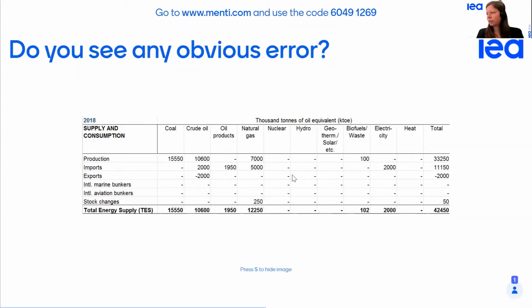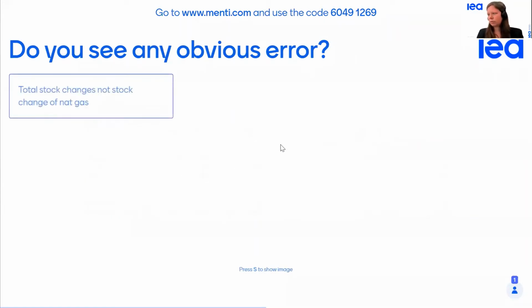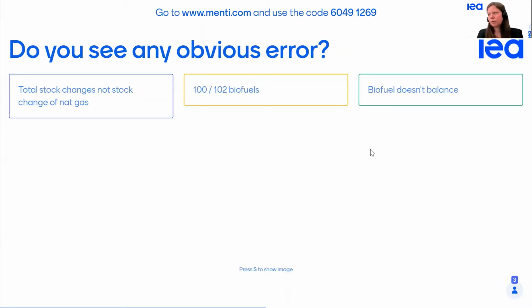I'm going to show, yeah, so we have first answers coming in: total stock changes, not stock change of natural gas, is one of the answers, then the 100, 102 biofuels. Biofuel doesn't balance. I'll wait a bit to let you have the time to have a look at this energy balance table and see if there is anything worth mentioning.